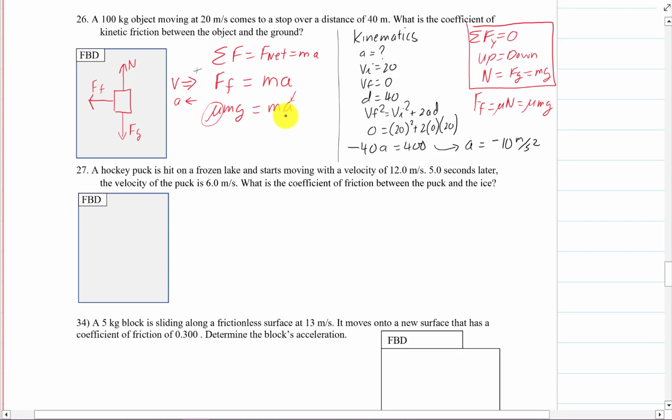So this will be positive acceleration that I put in here. So mu times 100 times 9.8 is equal to 100 times 10. I can cancel the hundreds out if I want to.